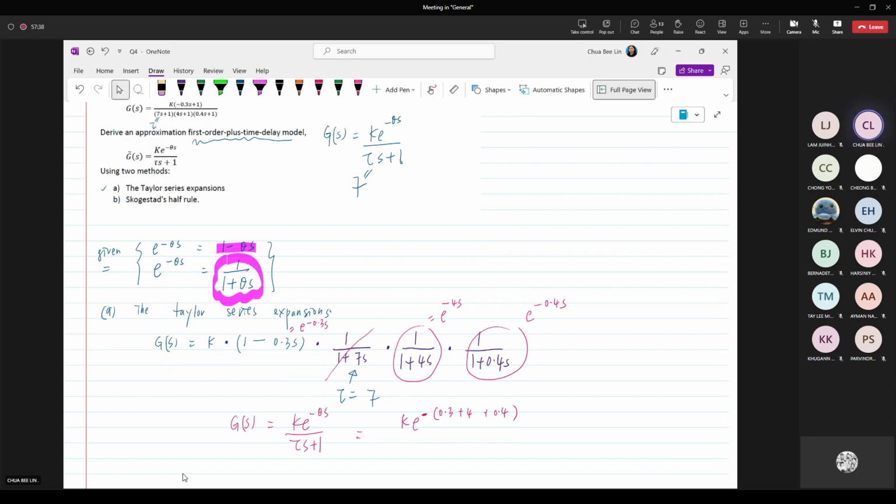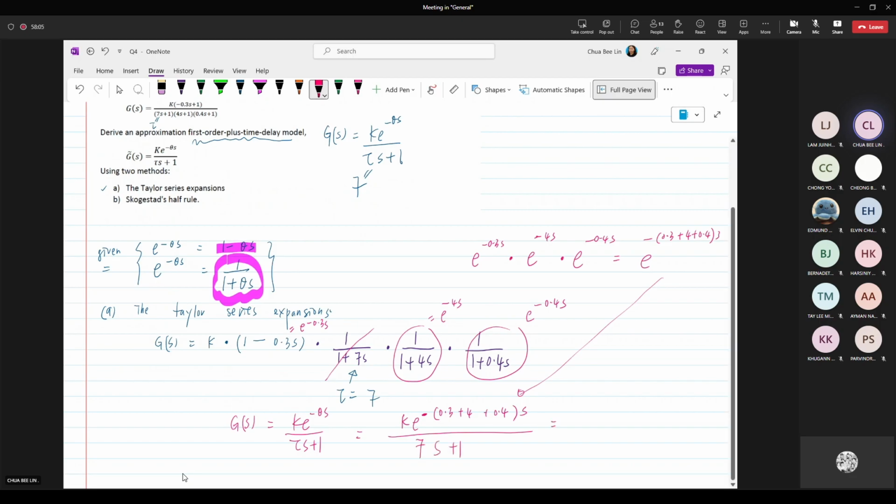Means you plus all these together, when you have e negative 0.3s multiplied with e negative 4s multiplied with e negative 0.4s. So index, right, you will plus all of them together. Okay, like this. Then over, your tau is 7s plus 1.